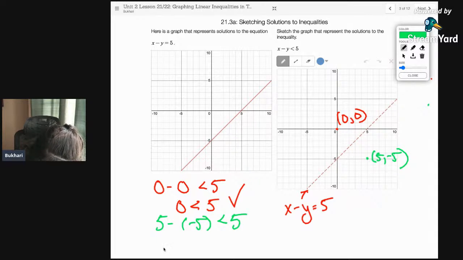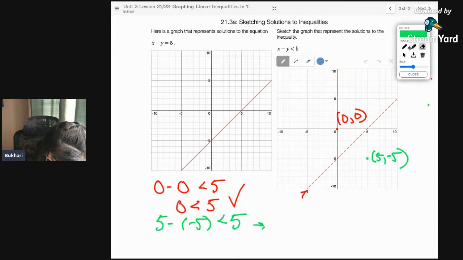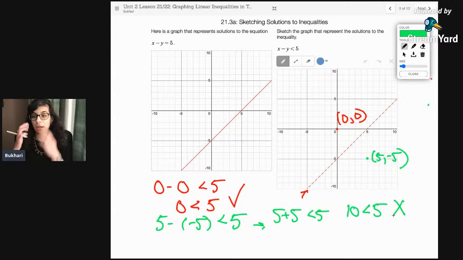Right, that's 5 plus 5 being less than 5, which gives me 10 less than 5, which is an untrue statement.